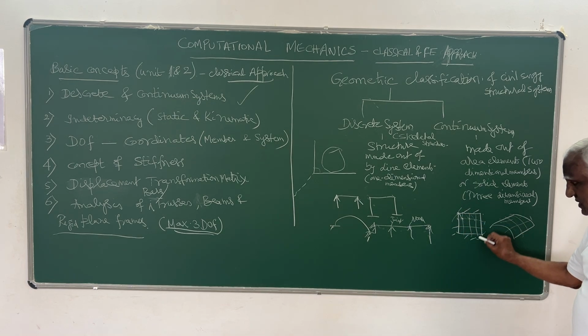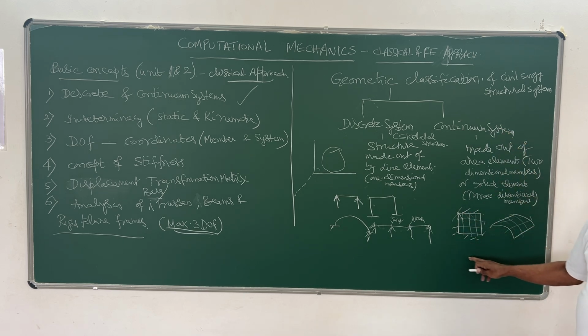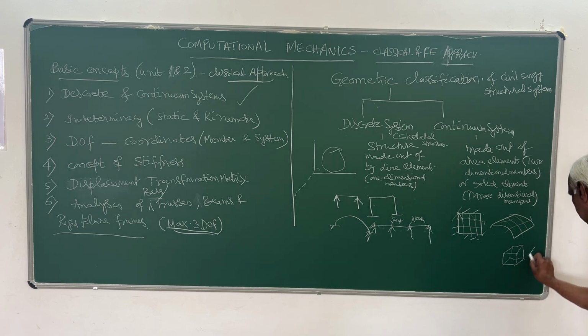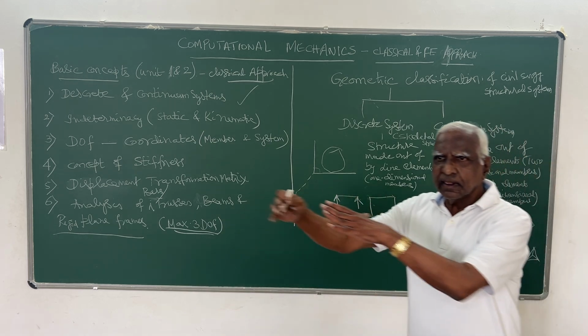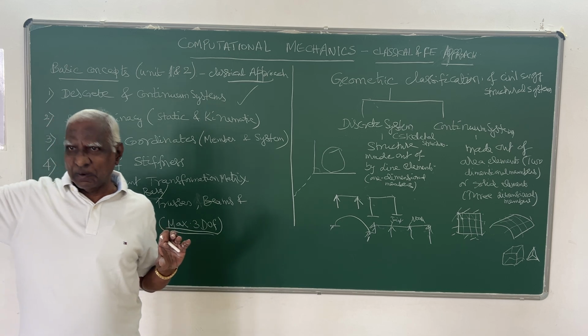You can discretize a two-dimensional continuum by two-dimensional areas, or by a brick or three-dimensional element like parallelepiped elements or tetrahedron elements, a number of tetrahedron elements, a three-dimensional solid body, which is called a continuum.